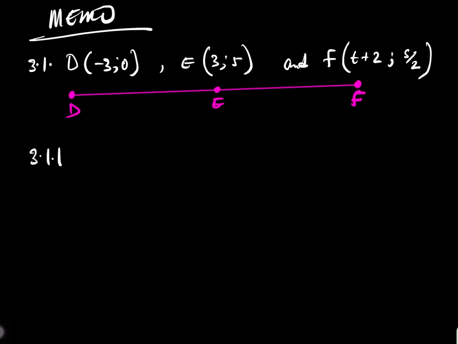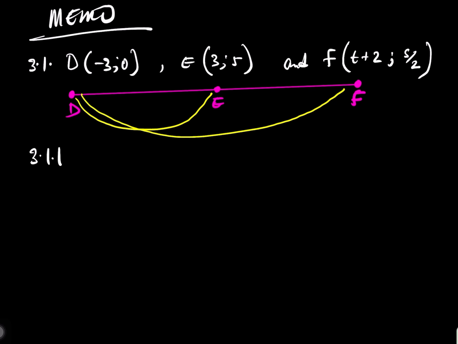Now we want to find the value of t. The best approach will be to say the gradient of DE is the same as the gradient of EF. Or you can say that the gradient of DE is the same as the gradient of DF. That means collinear.